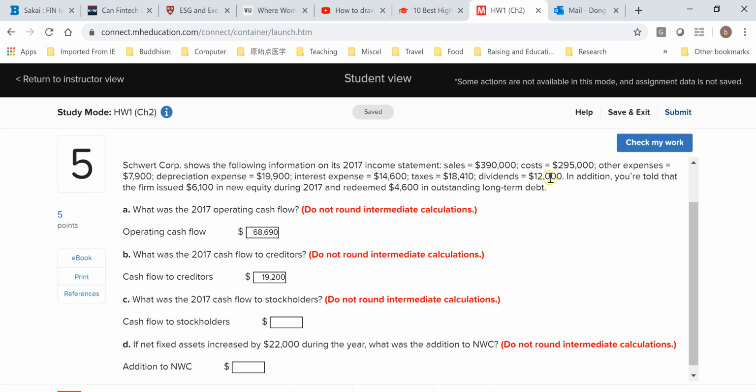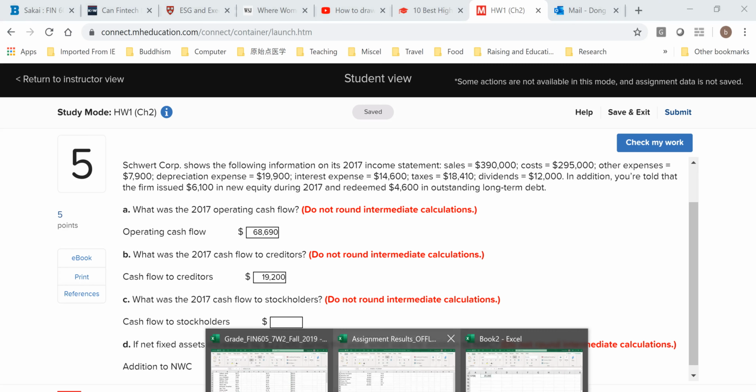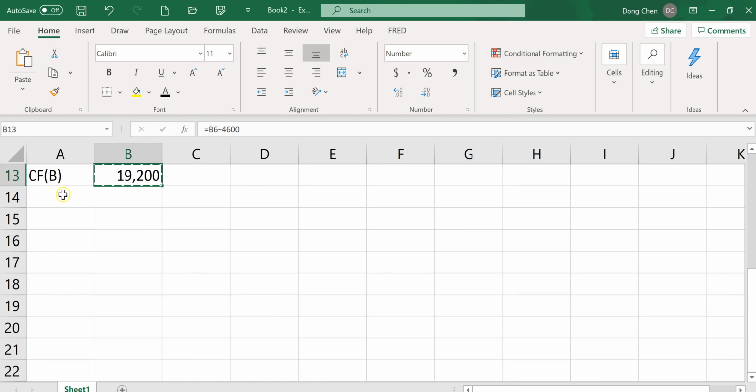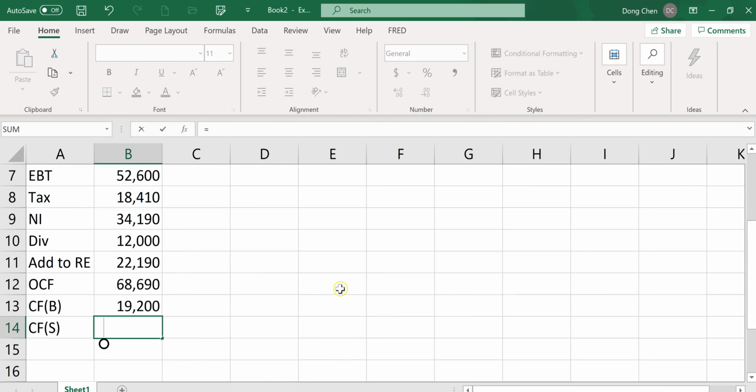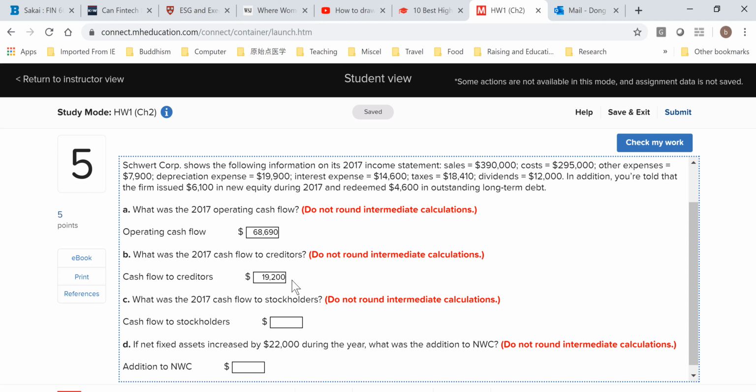And then we are also told the dividend. So then we can simply calculate the cash flow to stockholders. That's basically the dividends right here, and then minus.